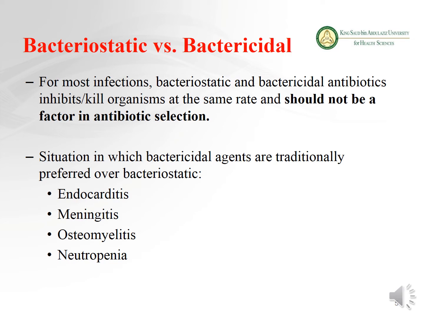For most infections, bacteriostatic and bactericidal antibiotics inhibit or kill organisms at the same rate and should not be a factor in antibiotic selection. But in some situations, traditionally we prefer bactericidal over bacteriostatic drugs.